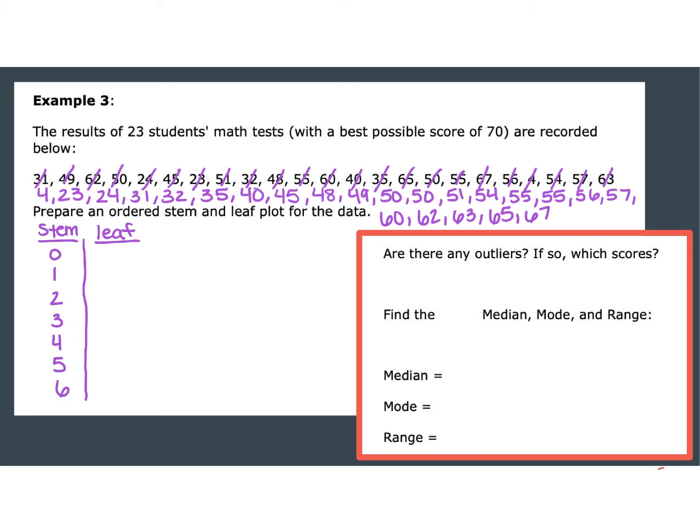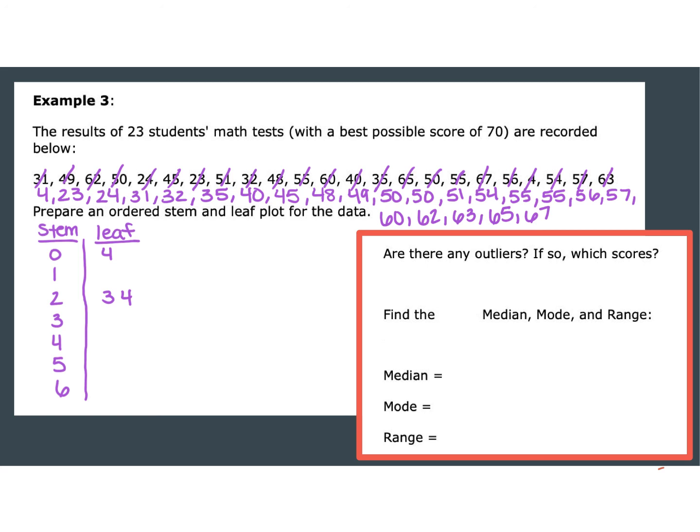My leaf for 0 will be 4. We don't have any leaves for our stem of 1, but our stem of 2 will have 2 leaves, 3 for 23 and 4 for 24.